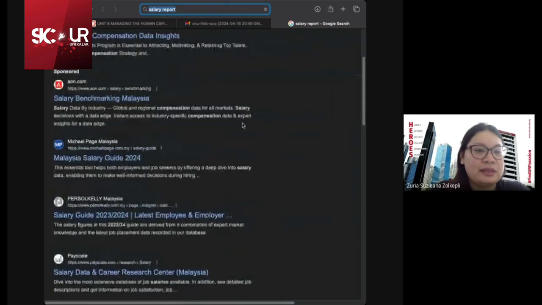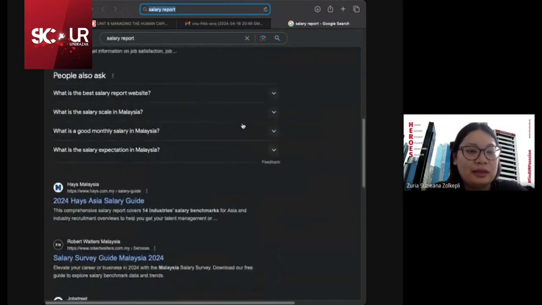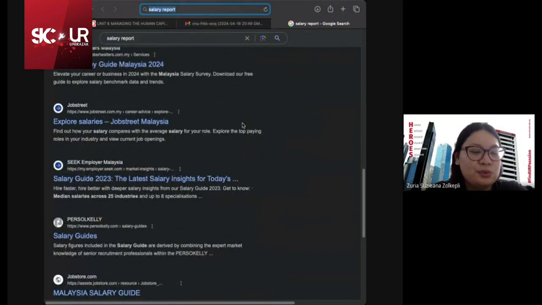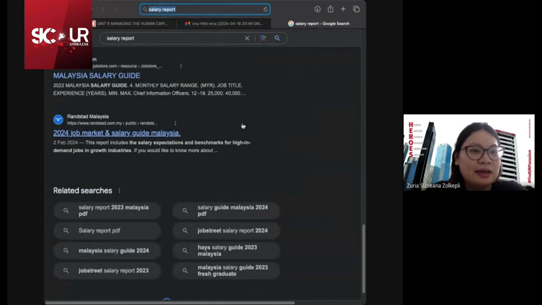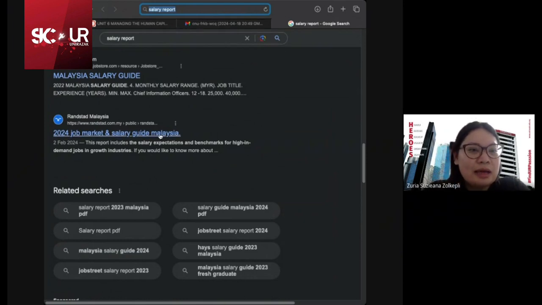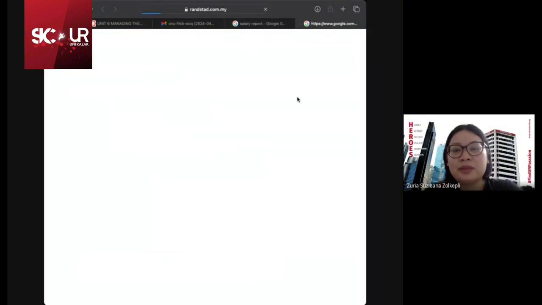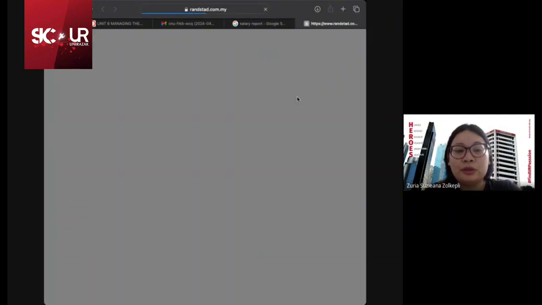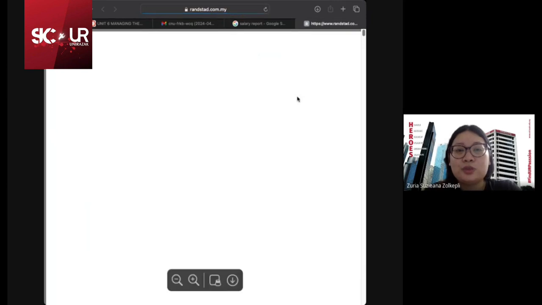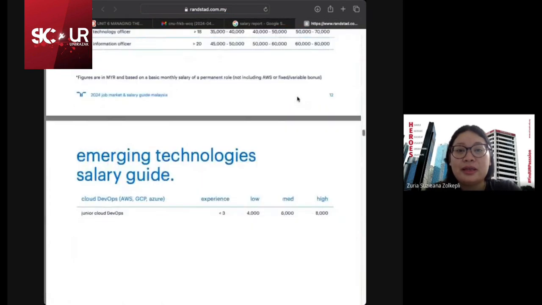Normally what I use is this one. This is what I share with my undergrad student friends, the smart job market. This is one of the companies I know that uses this guideline to determine salary.